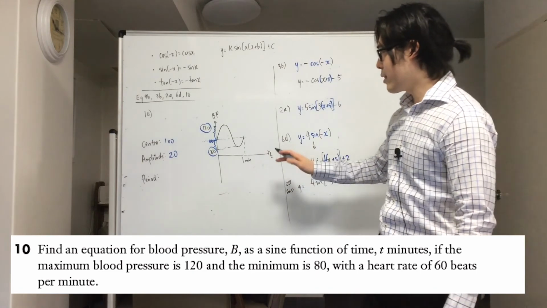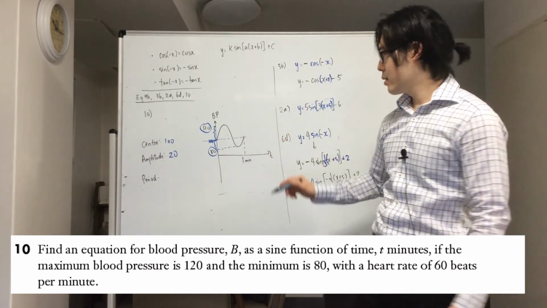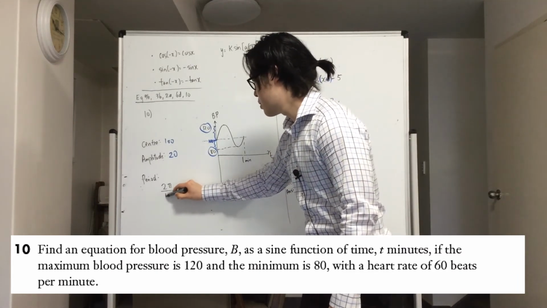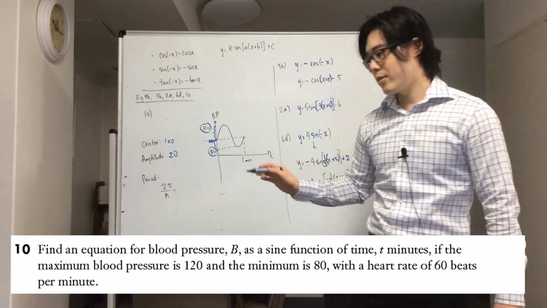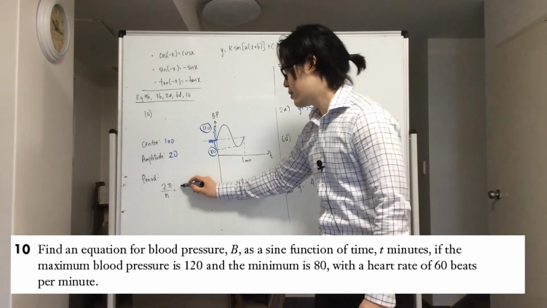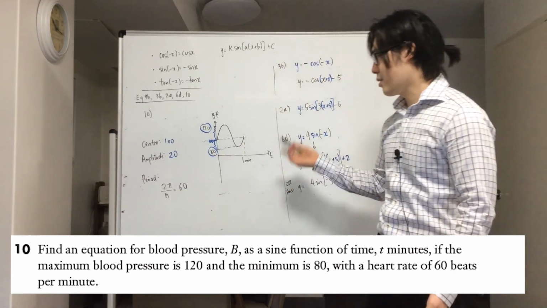So that's how I think the question is meant to be interpreted. In order to find the period, as we can see, we have one graph in 1 minute. Now instead of 1 minute though, what the answer seems to have done is they've put 60 seconds instead of minutes.